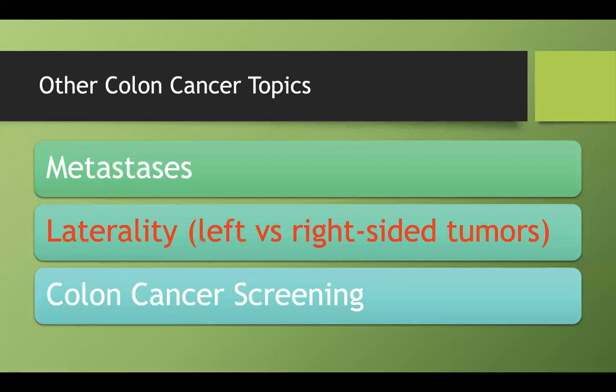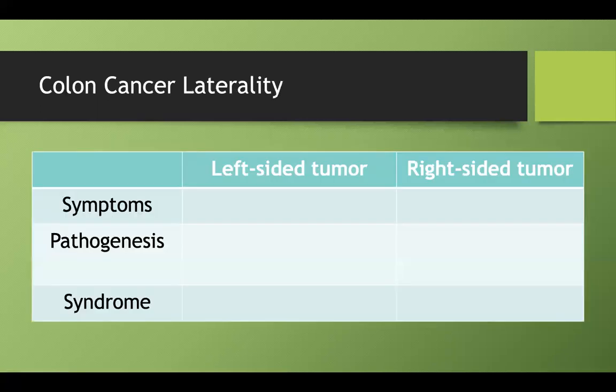I've touched on laterality a little bit, but I want to emphasize it and give you a good mnemonic so that you never have to worry about which left-sided versus right-sided does what. Left-sided tumors, we've talked about this, so I hope you get this one right. Because the stool is more well-formed as it nears the end of the GI tract, and your diameter is shorter, you're more prone to obstruction, whereas right-sided tumors are actually more prone to bleeding.